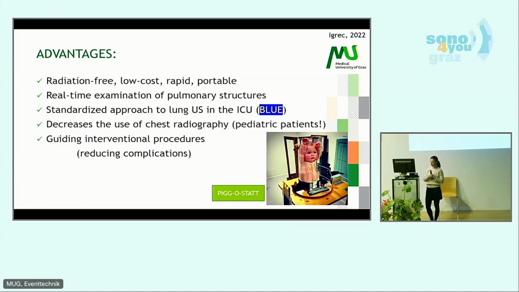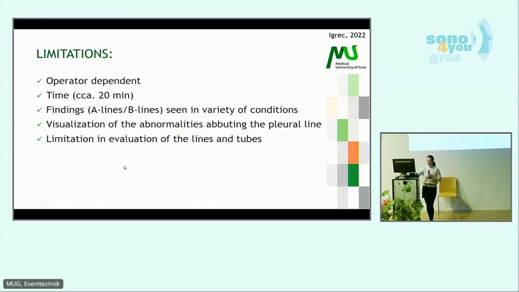I don't know if it is comfortable or not, but this kid is really scared, I can say. When you can choose to perform ultrasound in a kid like this and get more information, I would always use ultrasound. Not to mention guiding interventional procedures, which you tried yesterday, so you can do everything.